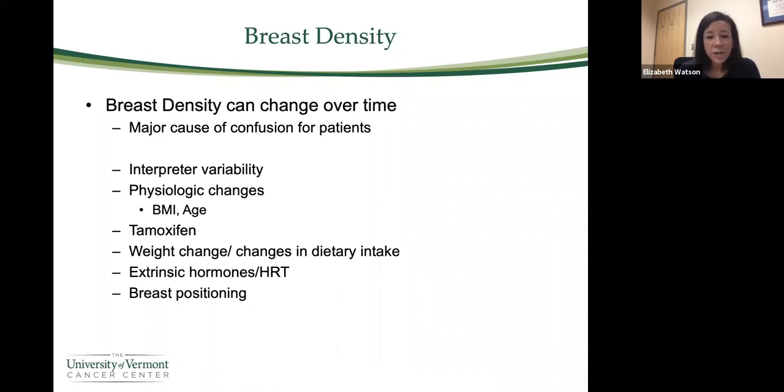Normal weight changes or changes in dietary intake can definitely elicit changes, and even just basic breast positioning. So every year when you come in for your mammogram, we try to simulate the same position that we've had from year to year to try to minimize this, but inevitably there's going to be slight changes in the way the breast is positioned for that study. And so things can look a little bit different. So there can be some subtle changes.